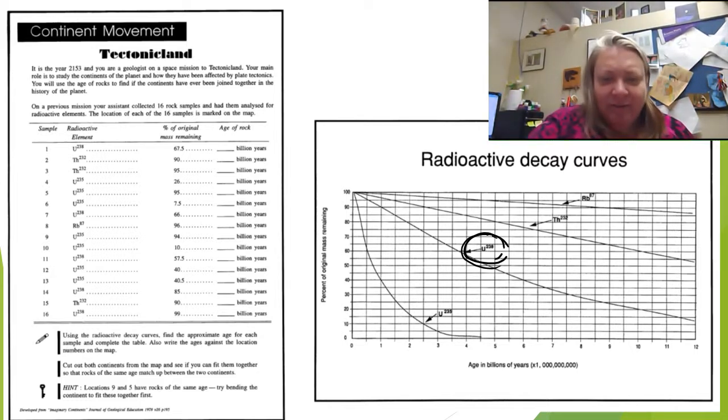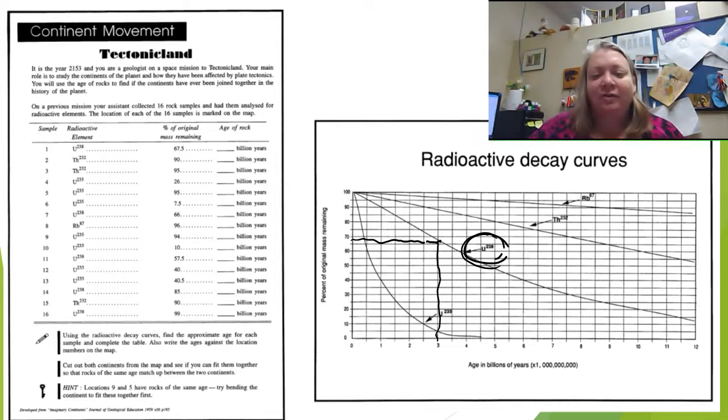And we want to go to 67%, which is around in here. I can't draw very well on this. You're going to make the line to where the uranium-238 line is, and then you're going to go down. And you're going to find out that that particular sample was right at 3 billion years old.